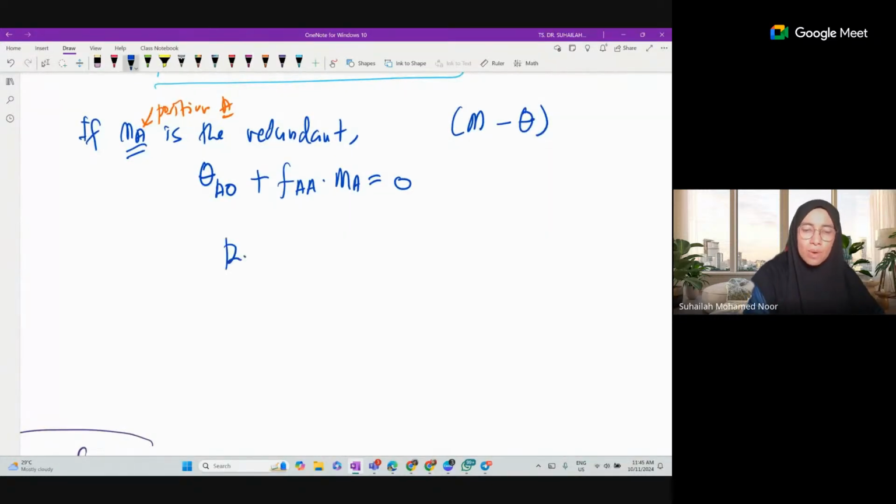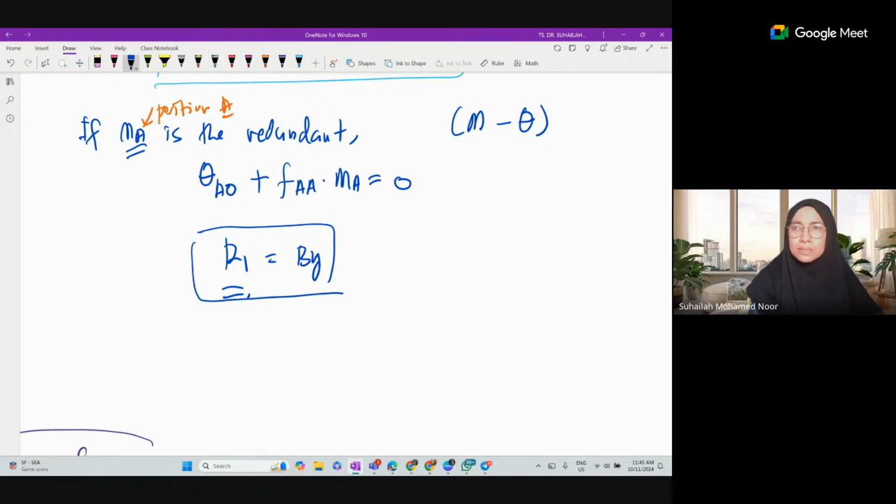Where one redundant is labeled as R1, because after this we will have R1 and R2. So R1, let's say BY is redundant, right? BY is redundant. So R1 means one redundant. BY is the redundant.